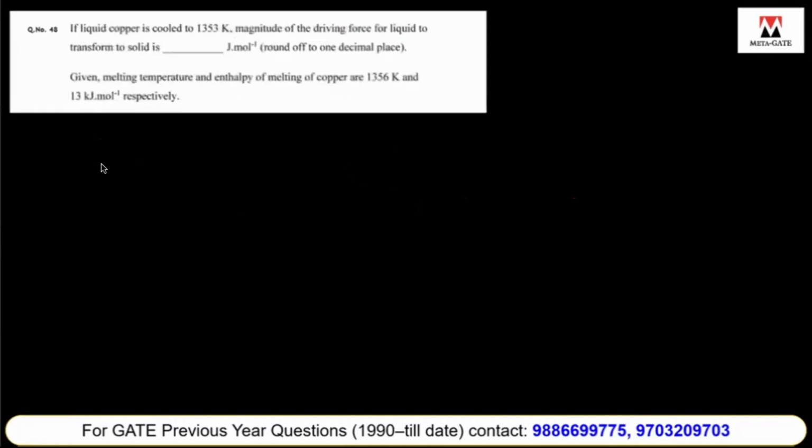Liquid copper is cooled to 1353 Kelvin. The magnitude of the driving force for liquid to transform to solid is dash joule per mole. Given the melting temperature and enthalpy of melting are 1356 and 13 kilojoule per mole. So the driving force for the transformation, delta GV, is equal to delta HM into (1 minus T by Tm). Here it is given as enthalpy of melting. If it is given as fusion, you write a negative value.